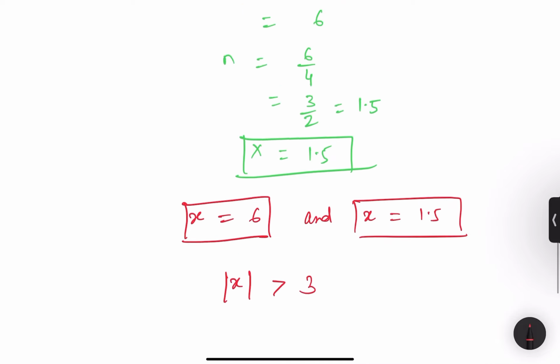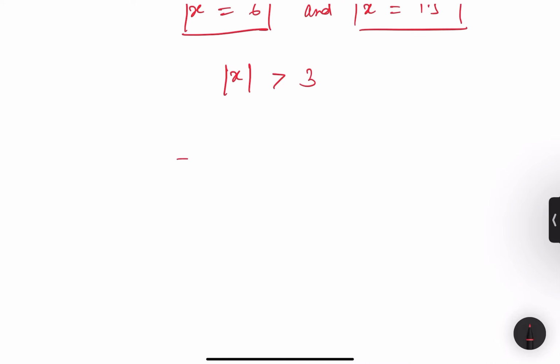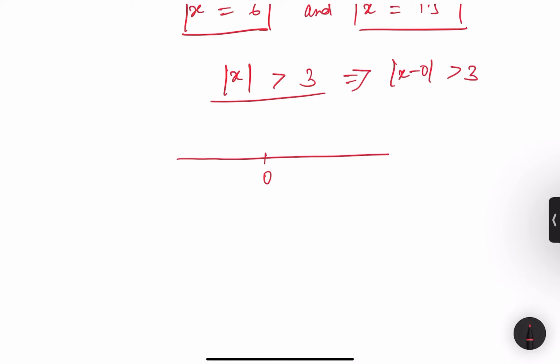Again, from the concept we learned initially, we draw a number line to visualize this. So let's say here it is 0, because it can also be written as mod of x minus 0 is more than 3. So the distance of x from 0 is more than 3. So let's say here it is 3, here it is minus 3. So x will fall either towards the right of plus 3 or towards the left of minus 3.